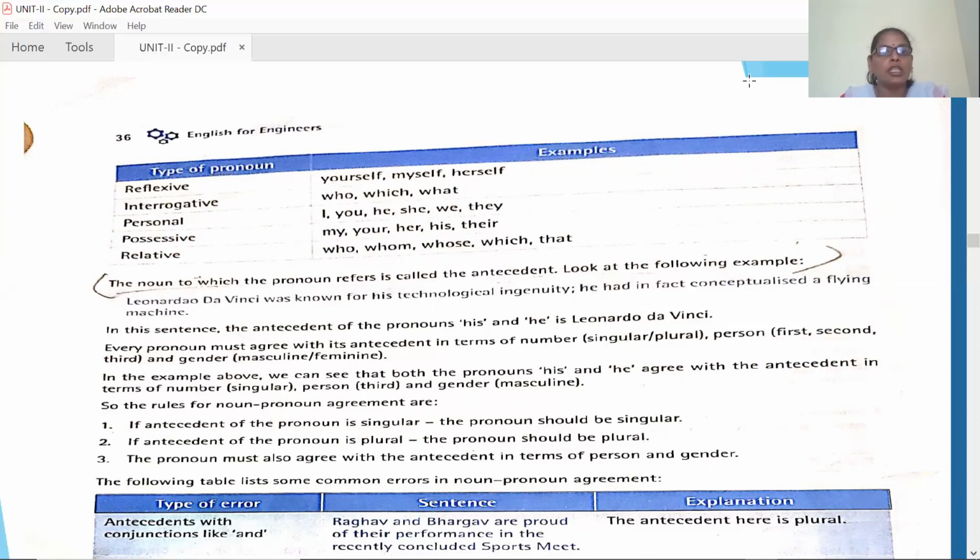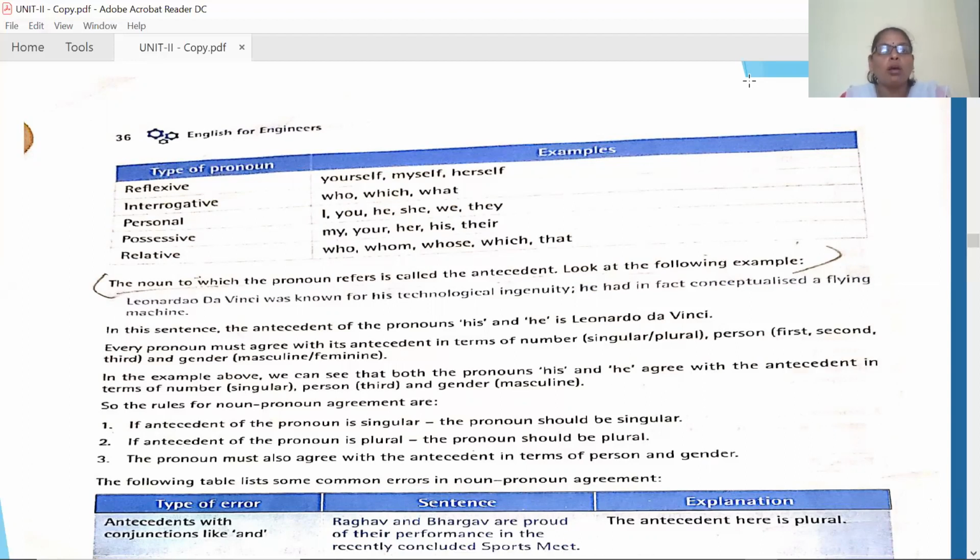Relative pronouns: who, whom, whose, which, that. When you are talking about relations in a sentence, you take the help of relative pronouns. So these are the different types of pronouns.